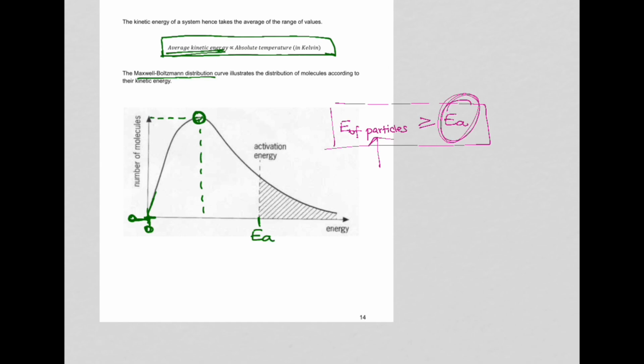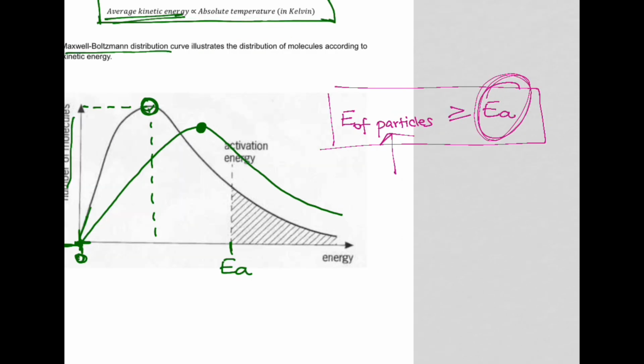So the peak is going to shift like this. So the number of molecules with high value of energy increases, so the peak shifts, and the number of particles with energy greater or equal to activation energy also increases, right?